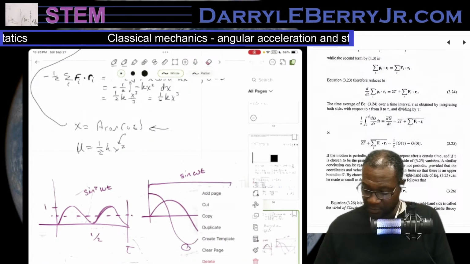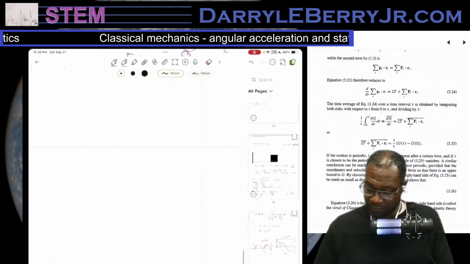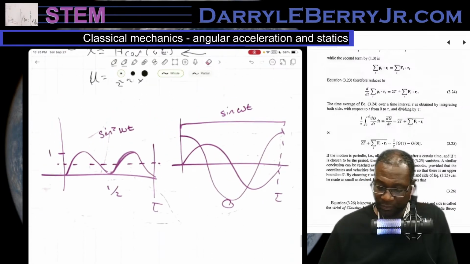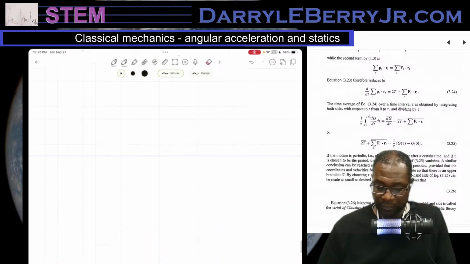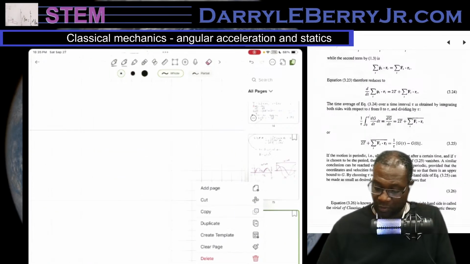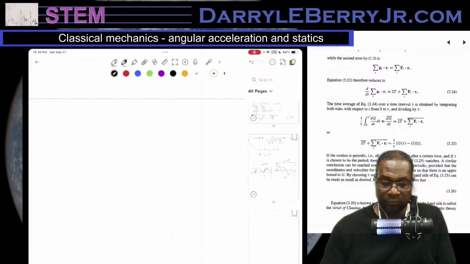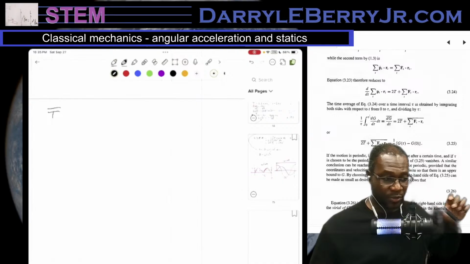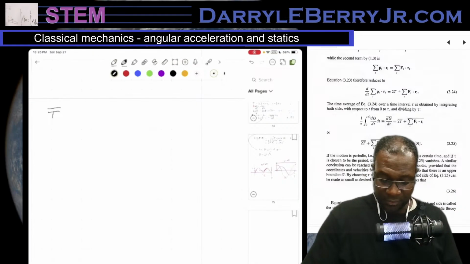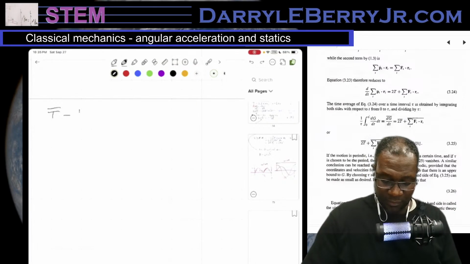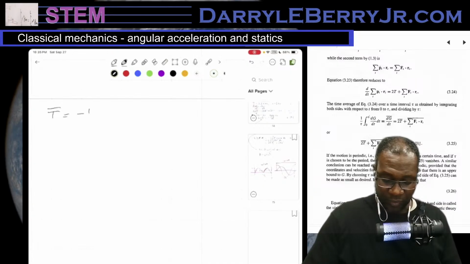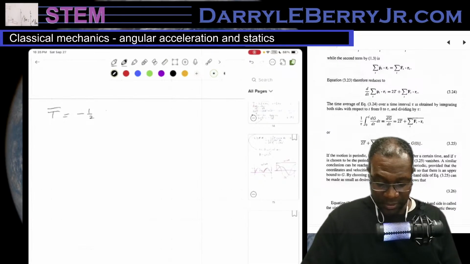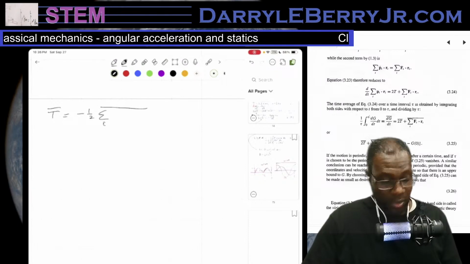So we have the average value of T, the kinetic energy, equals -1/2 the sum of the average, because the Virial theorem is basically dealing with a system of particles.